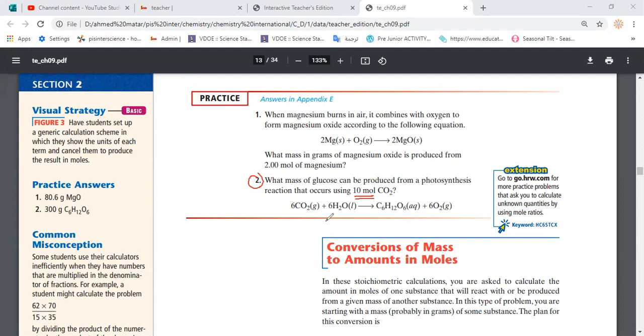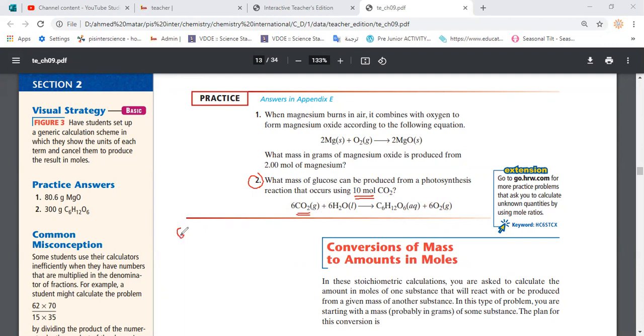First step, we find the mole ratio. How many moles of carbon dioxide produce how many moles of glucose? Regarding the equation in front of you, how many moles of carbon dioxide are producing how many moles of glucose? How many moles of carbon dioxide do we have here? 6.